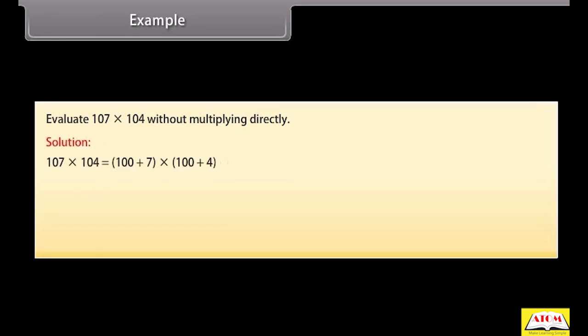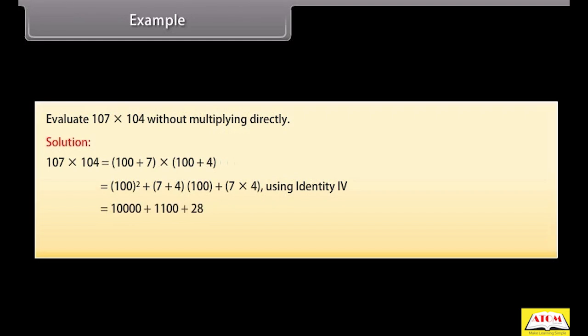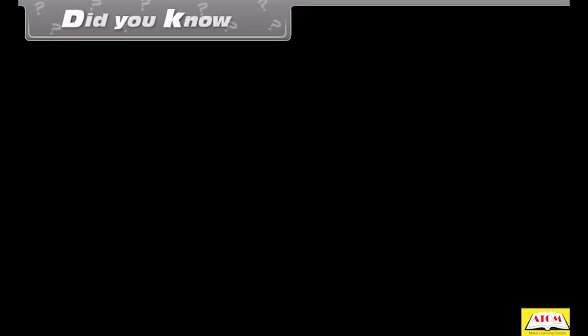Solution. 107 times 104 is equal to (100 + 7)(100 + 4), which equals 100^2 + (7 + 4) times 100 + 7 times 4 using identity 4, which equals 10,000 + 1,100 + 28, which is equal to 11,128.